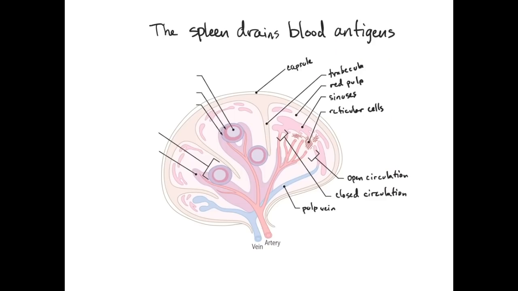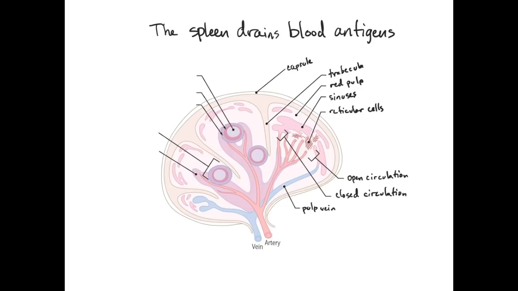Now, the spleen is also a secondary lymphoid organ, and there are many key functions of the spleen. The spleen also has a capsule, trabeculae, and sinuses, but it is basically composed of red pulp and white pulp. While you will get more information on spleen anatomy in other classes, for the purposes of the immune system, I really just want to focus on what happens within the white pulp.